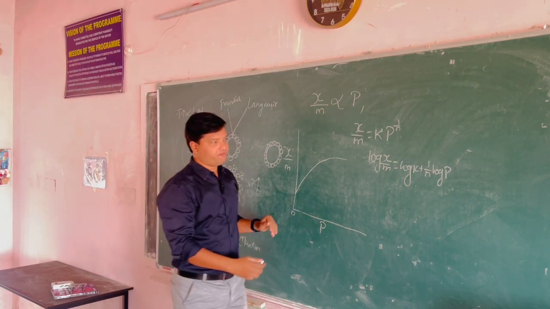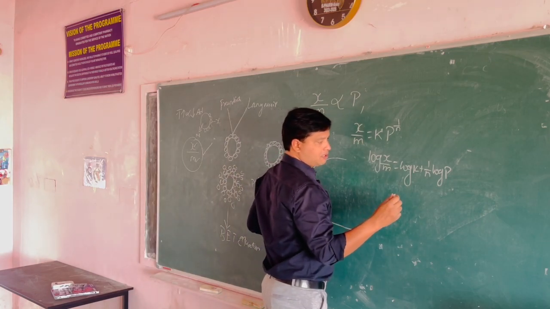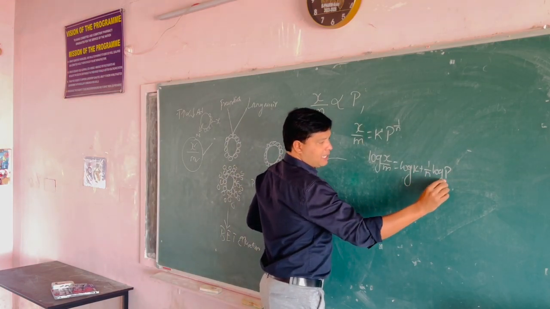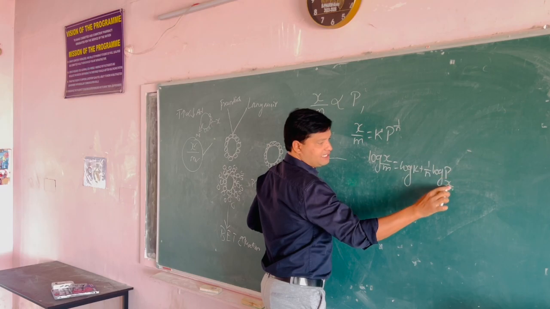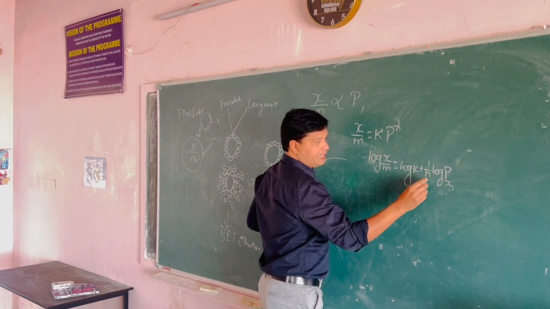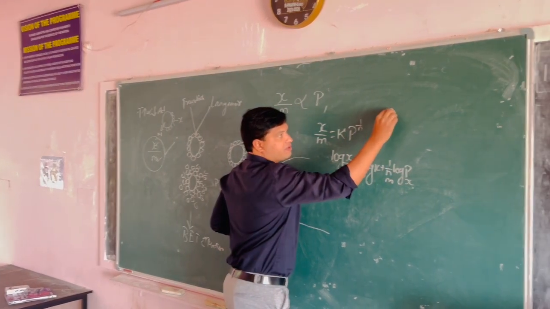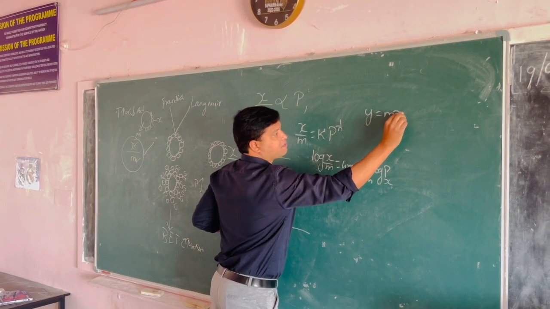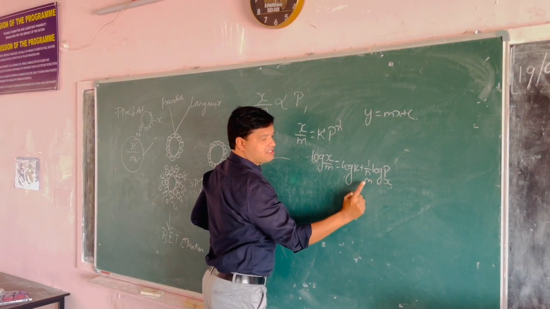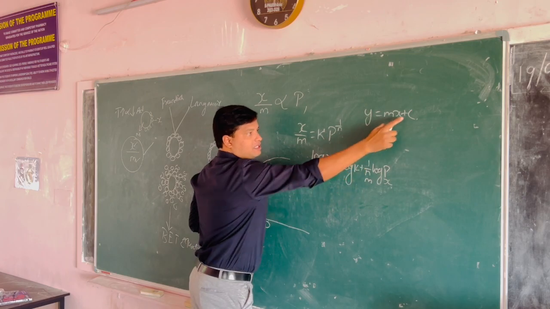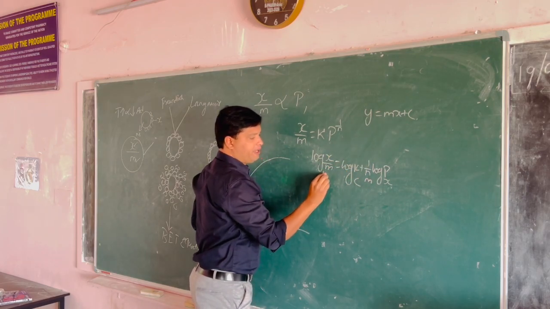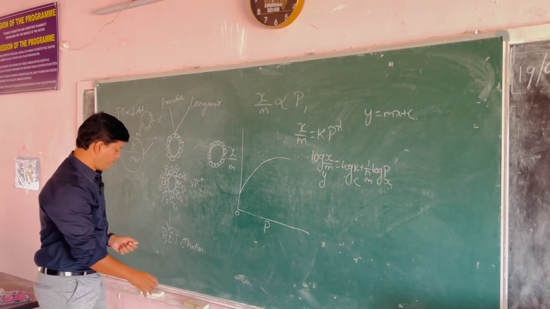Draw the graph. Log p is on the x-axis, and 1 by n is m. See, y is equal to mx plus c. Wherever x is there, next will be m, the other thing will be c. This will be y. Draw the graph.